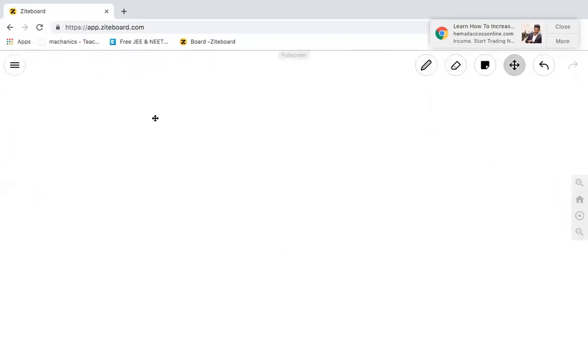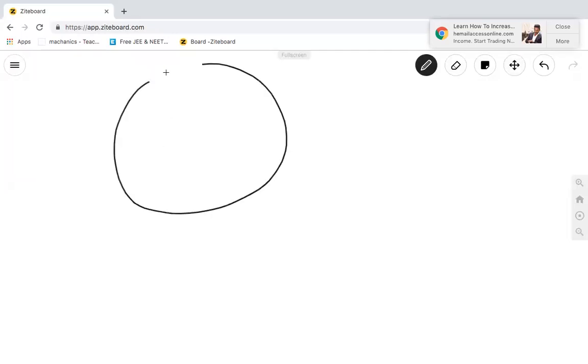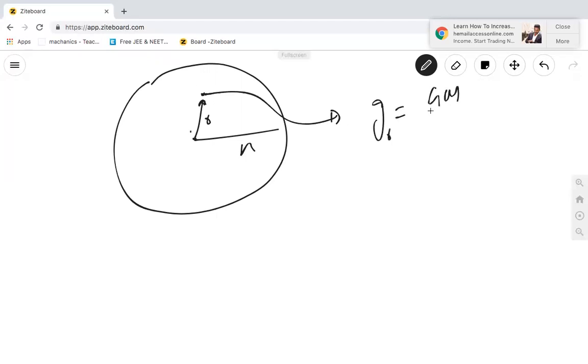Now, what we have learned is that Earth's radius is R, and at small r, the acceleration due to gravity g_r is equal to GM by R cube times small r. By this equation, what is the acceleration due to gravity at the center?